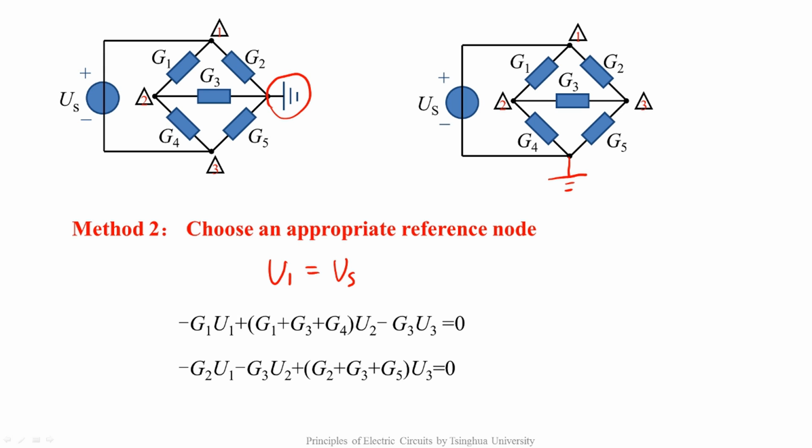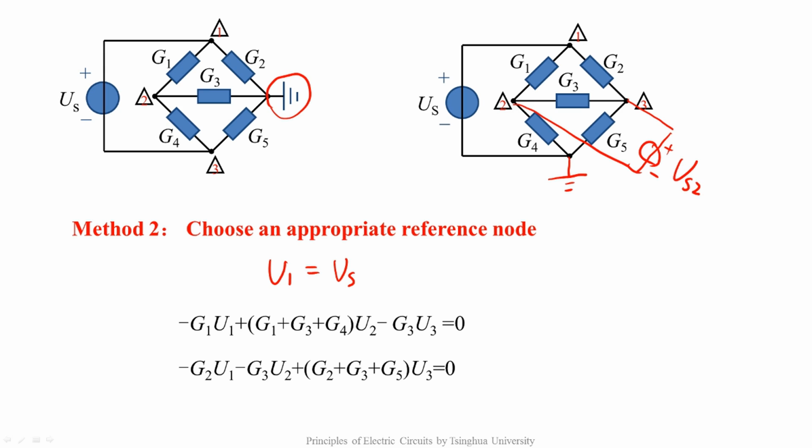It should be pointed out that this method is only applicable to the circuit containing one independent voltage source. If there are 2 or more independent voltage sources in the circuit, this method cannot provide any superiority. For example, if between node 2 and node 3, there is another branch of a voltage source US2.